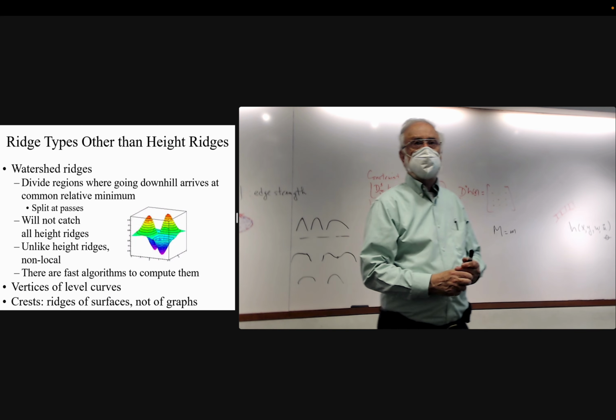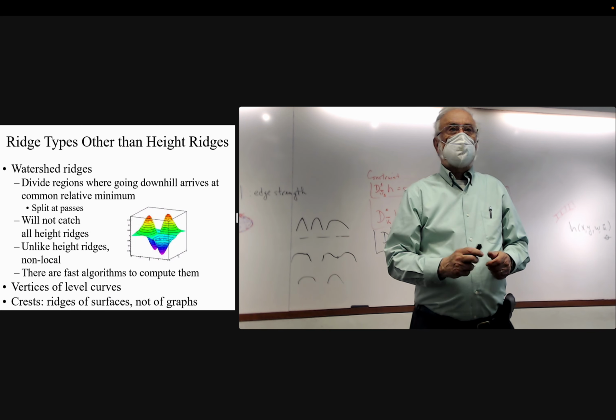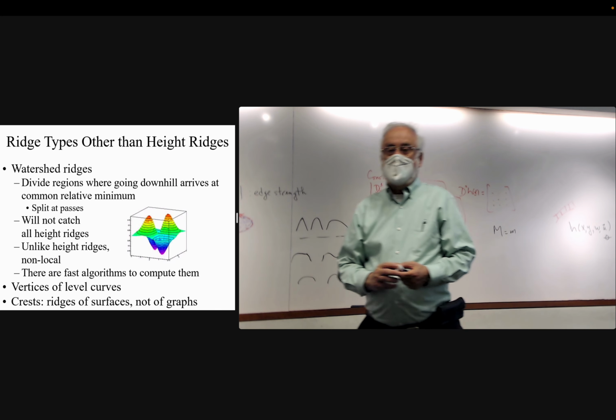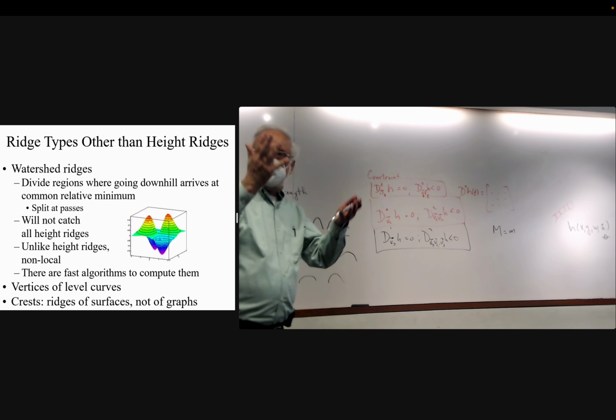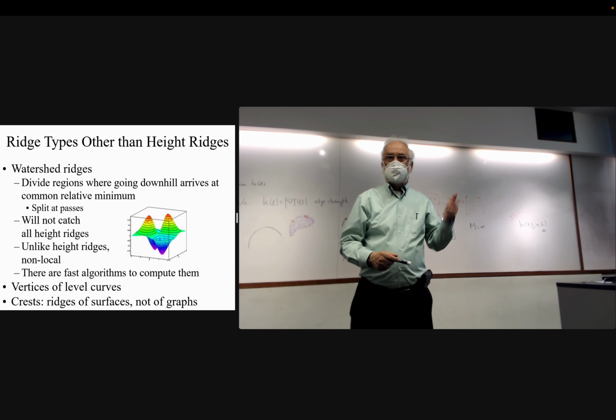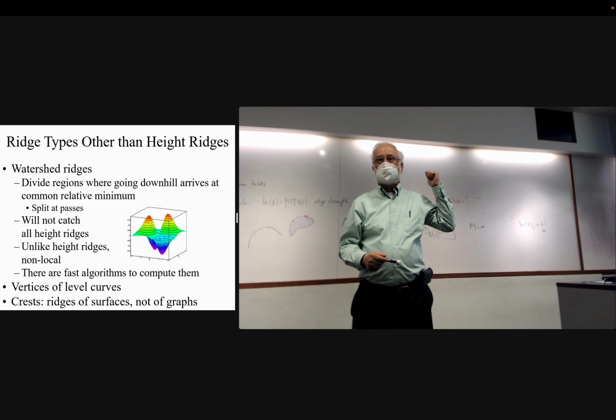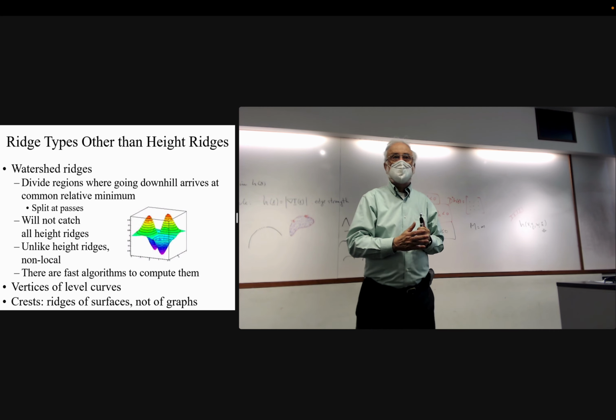It has to do with where water runs down. One of the properties of the Watershed Ridge, unlike the height ridge, is that it's a non-local property. If you're on a place X, Y, and you have the height, you know by these tests that I've just talked about whether you're on a height ridge or not, just from the derivatives at that point.